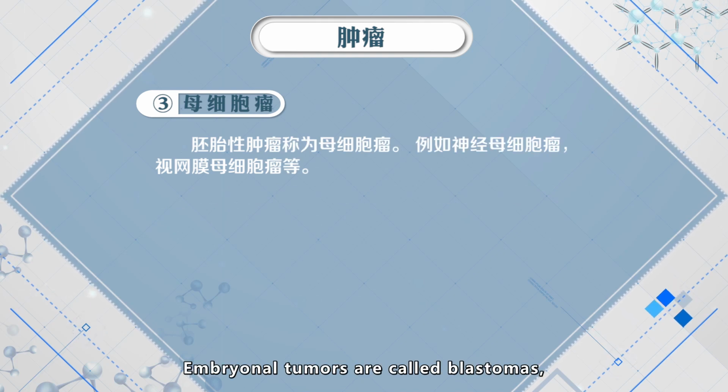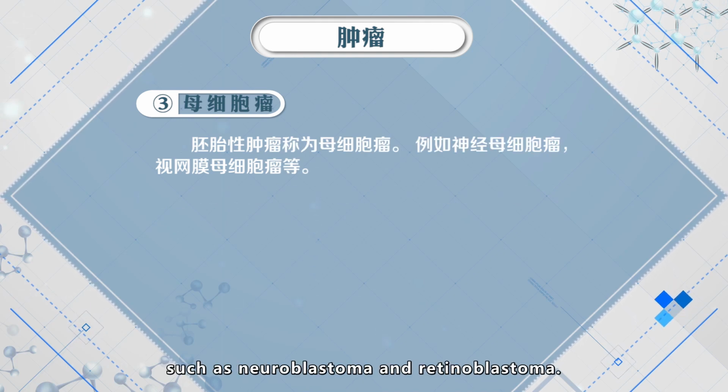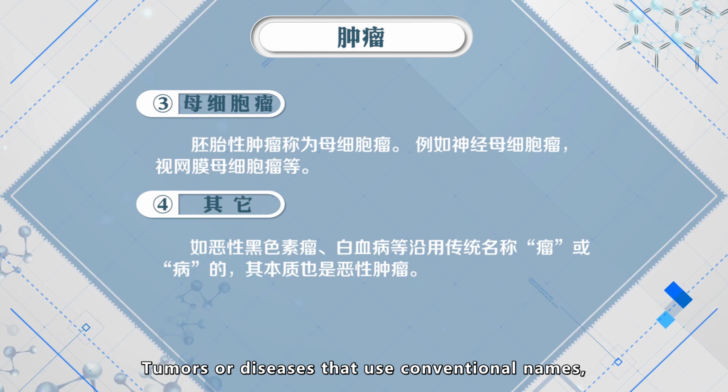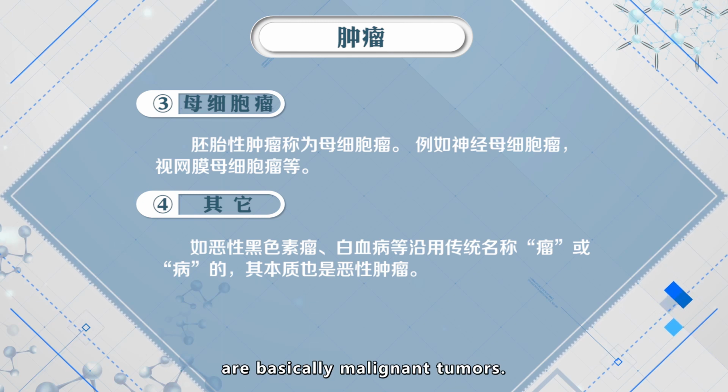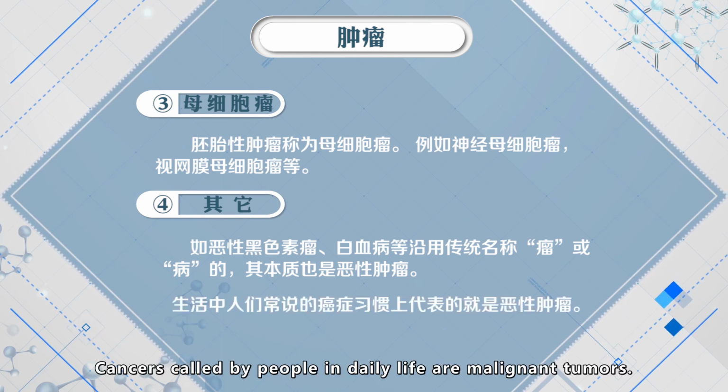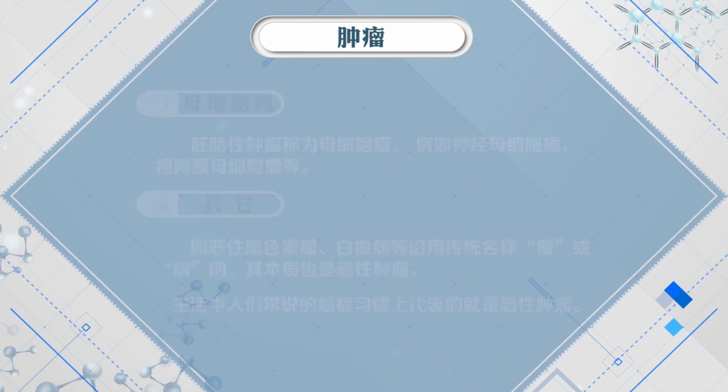Embryonal tumors are called blastomas, such as neuroblastoma and retinoblastoma. Tumors or diseases that use conventional names, such as malignant myeloma and leukemia, are basically malignant tumors. Cancer as called by people in daily life refers to malignant tumors.